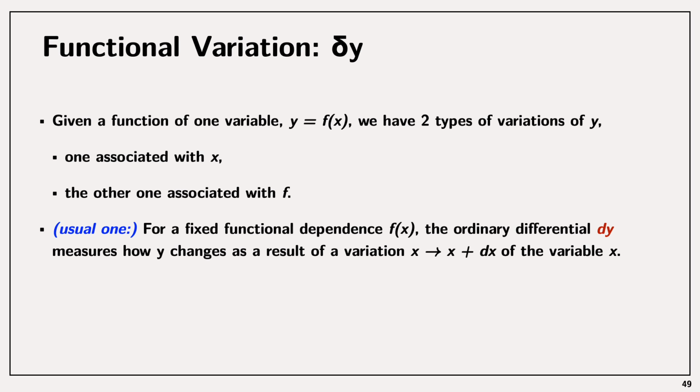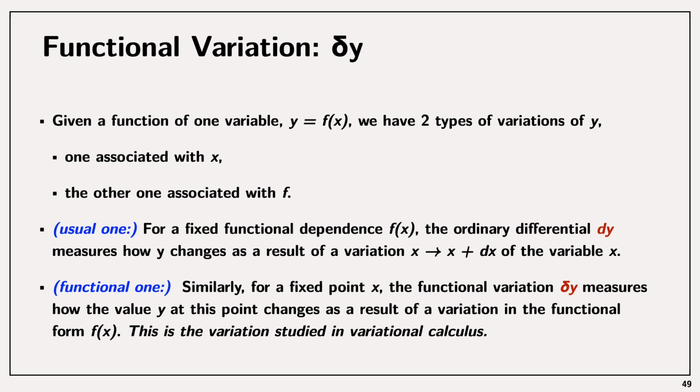So for fixed functional dependence f of x, the ordinary differential dy is measured by how y changes as a result of the variation x plus delta x of the variable x. The second one, the one associated with f, is the one we study here, right? It's the functional one.